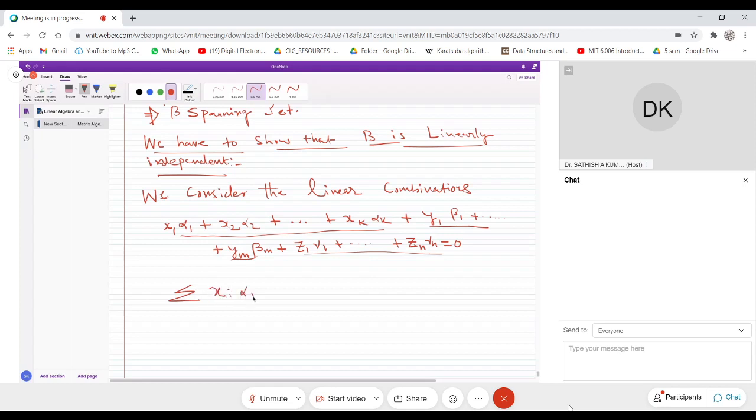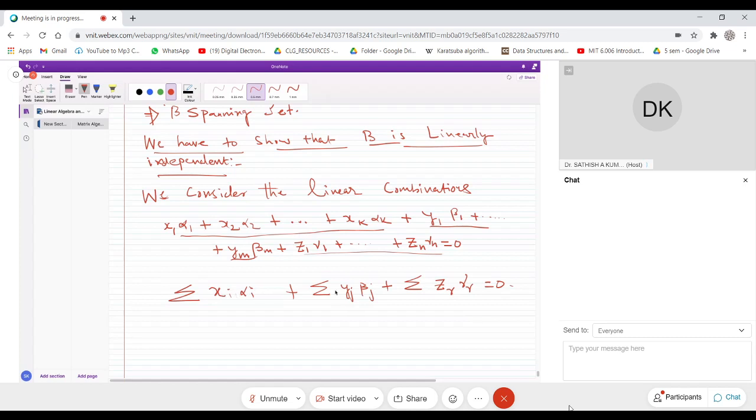First we write summation xi alpha i, plus summation yj beta j, plus summation zr gamma r, equal to 0. Earlier we considered u plus v equal to 0. You can also consider u plus v plus w equal to 0. That is not an issue.